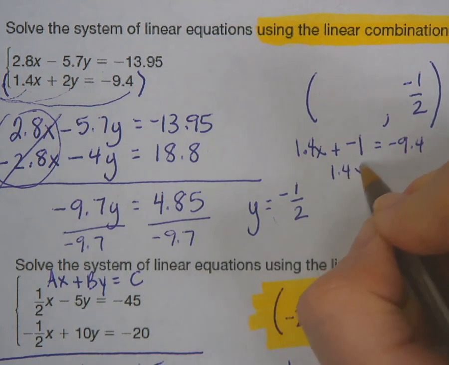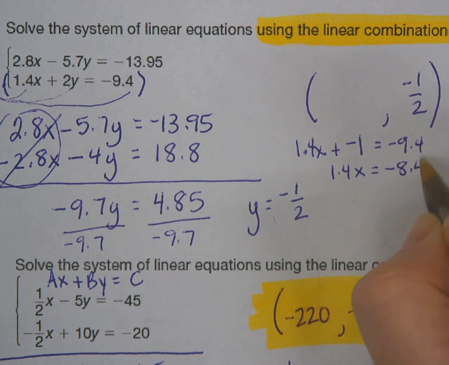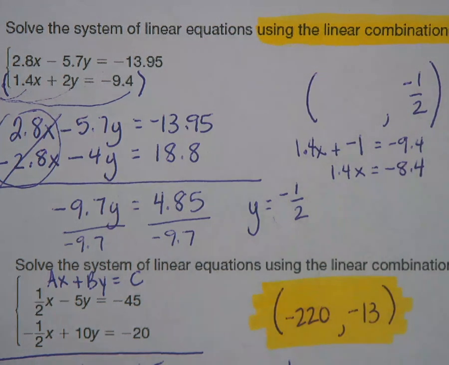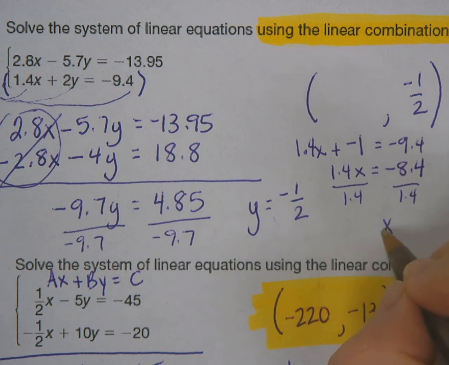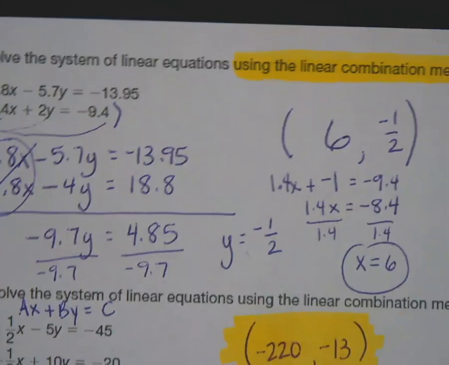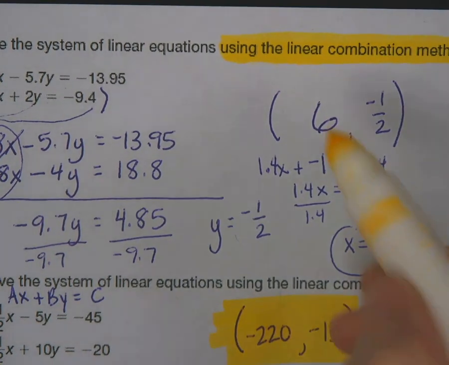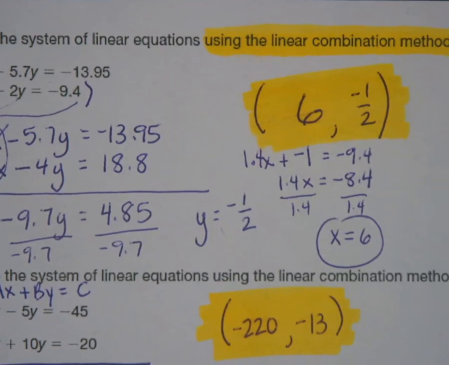So now I'm going to add 1 to both sides. When I add 1 to negative 9.4, I get negative 8.4. And then I'm going to divide. When I divide both sides by 1.4, I get x equals 6. So my ordered pair is 6, negative 1/2. So please put these in your notebooks as well, and then you continue on with your work today.